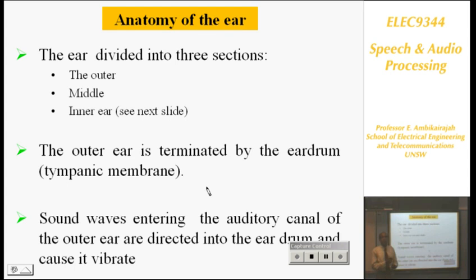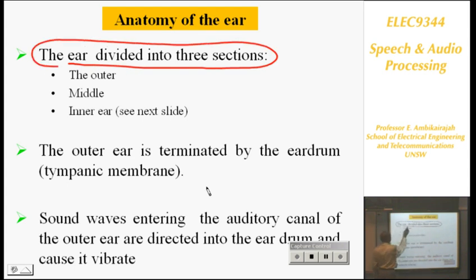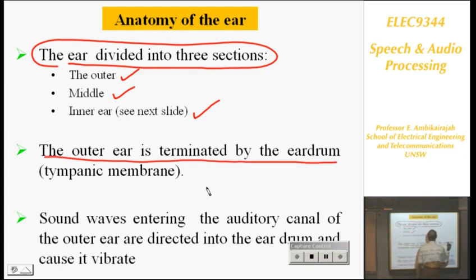So just to give a little bit of background on the anatomy of the ear and how the ear acts as a spectrum analyzer. The ear is divided into three sections, as you all know: the outer ear, middle ear, and the inner ear. The outer ear is terminated by the eardrum, sometimes called the tympanic membrane.